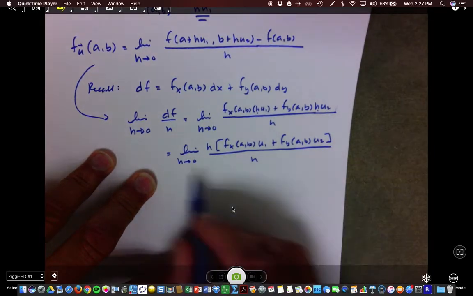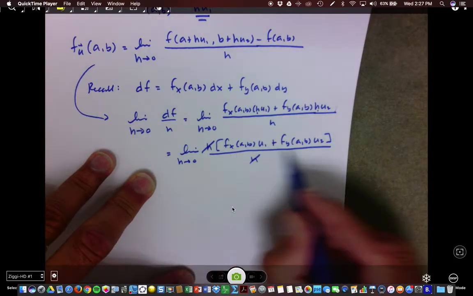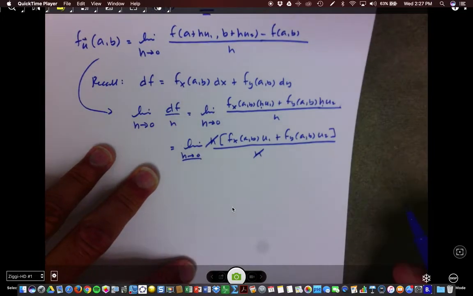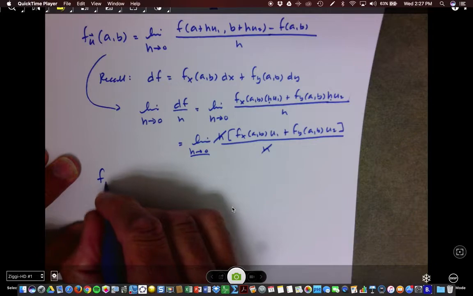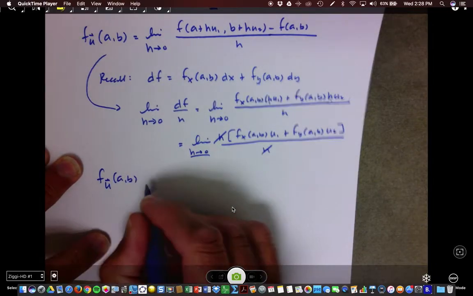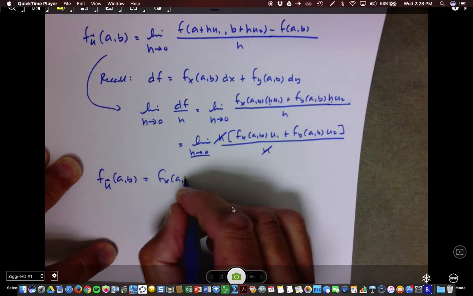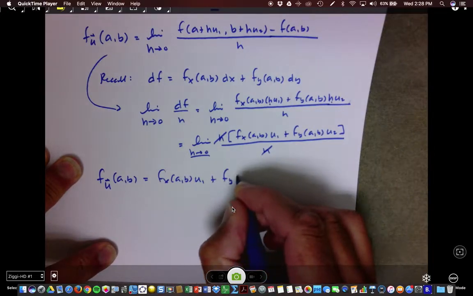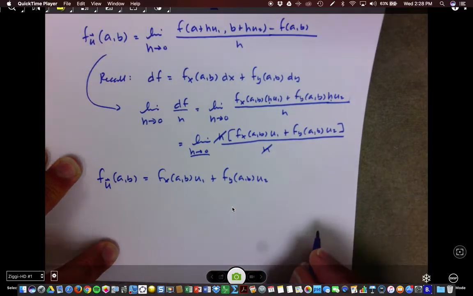Now the really nice thing about this is those h's go away. And we're going to be left with this expression, which isn't really dependent upon h anymore. All right, so we get to this point where we can say then f in the direction of u, evaluated at (a, b), is equal to fx at (a, b) times u1 plus fy at (a, b) times u2.